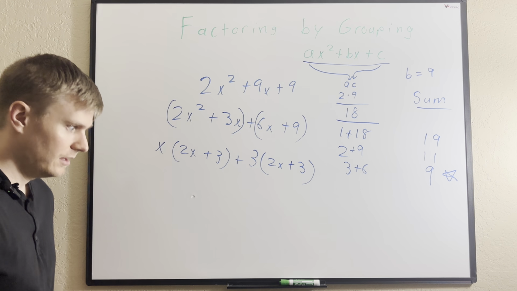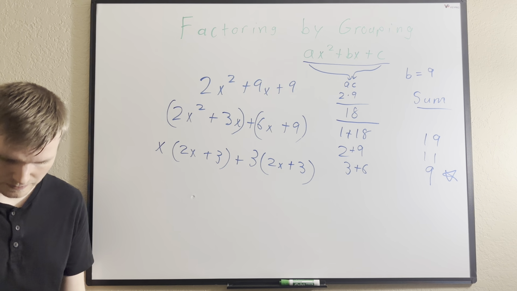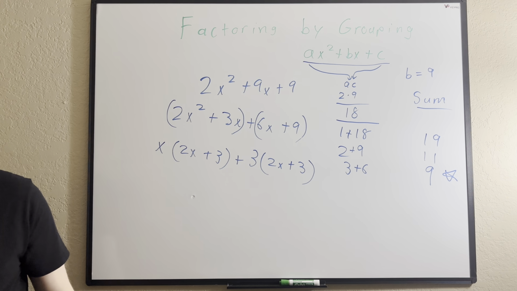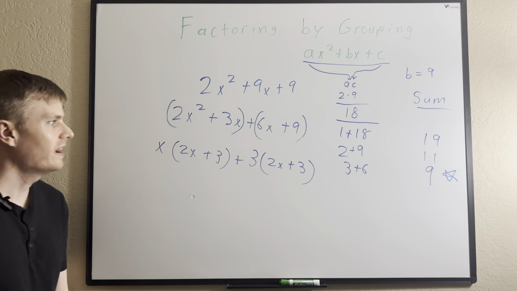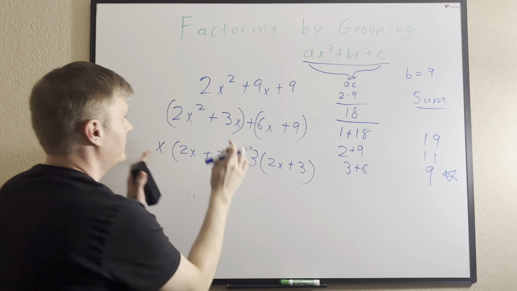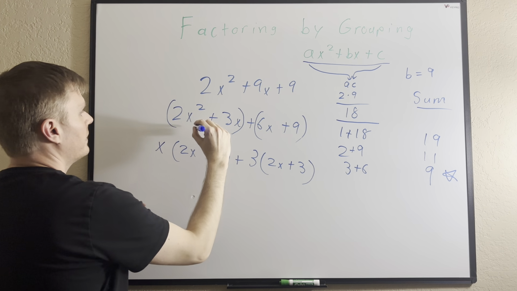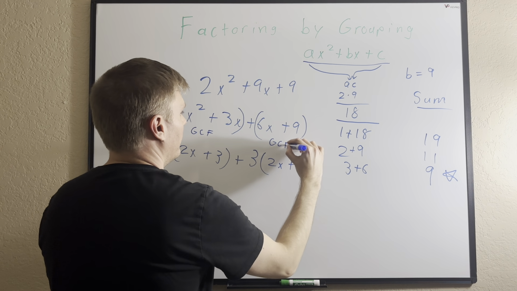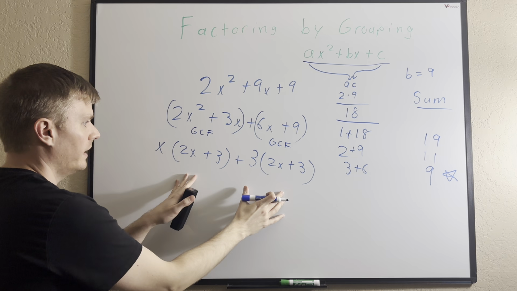Now, if you remember my greatest common factor lesson, we have yet another greatest common factor. We just did the GCF here, GCF there, and now we're doing another GCF here. Where's that GCF?